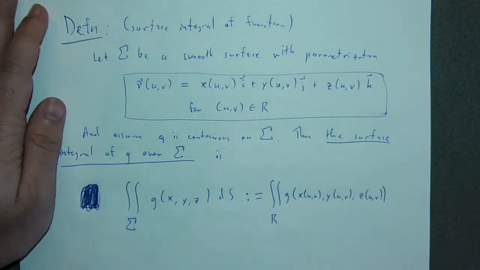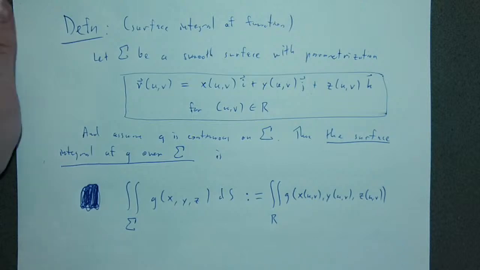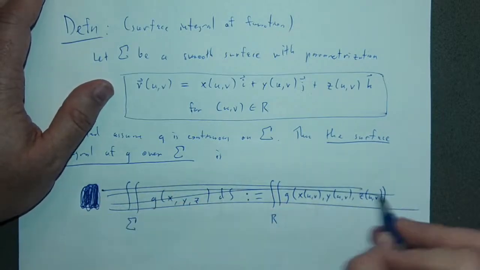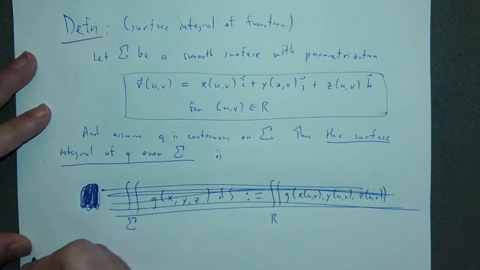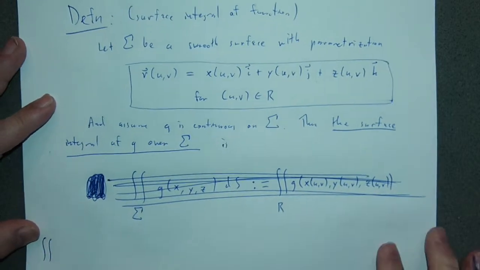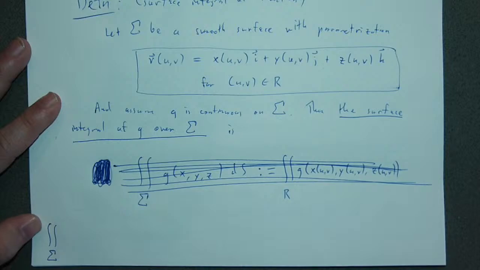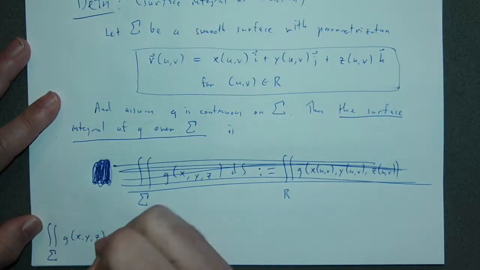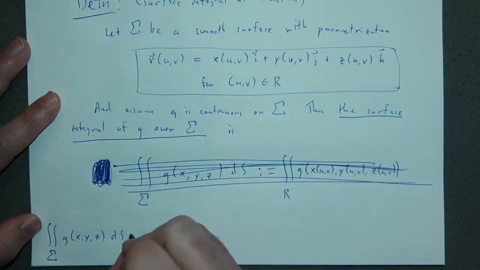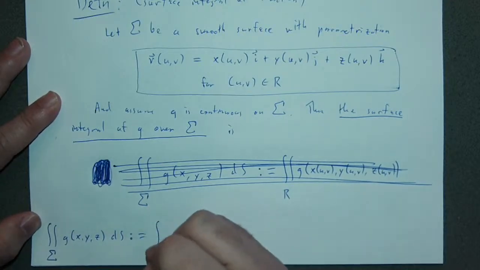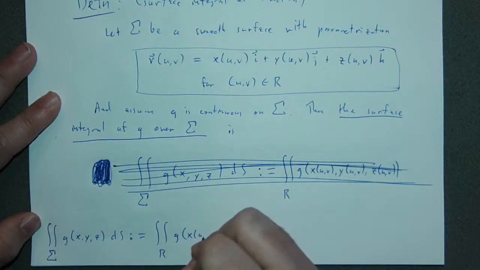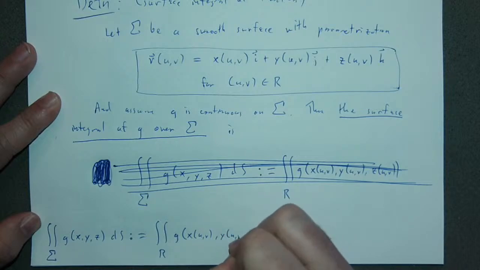times, I didn't like that I ran out of room here. Let's rewrite this down here. Yeah, this is better. So the double integral over sigma of G of x, y, z dS is defined to be the double integral over R of G of x(u,v), y(u,v), z(u,v).